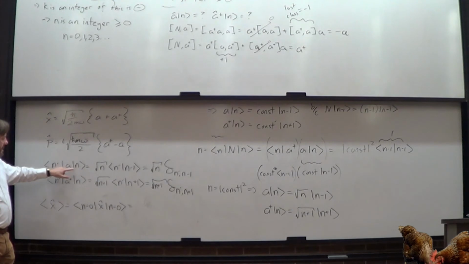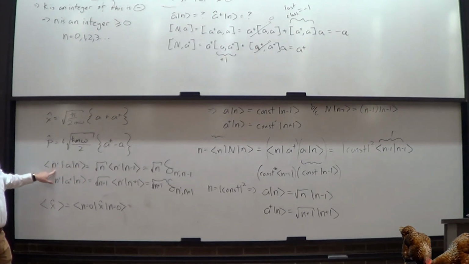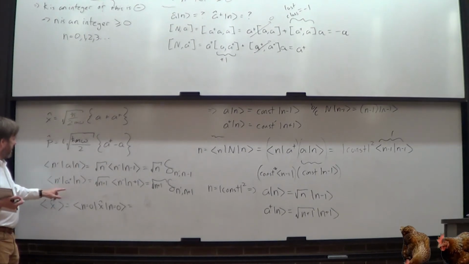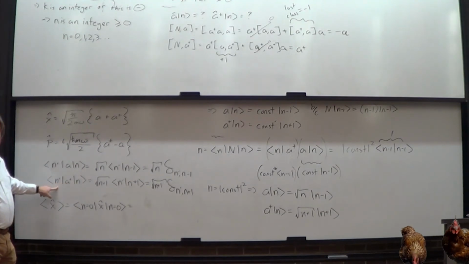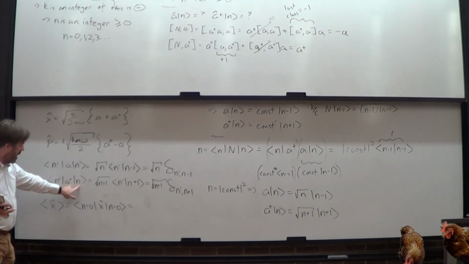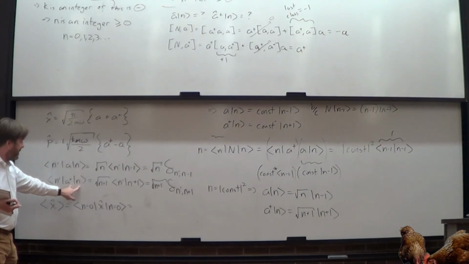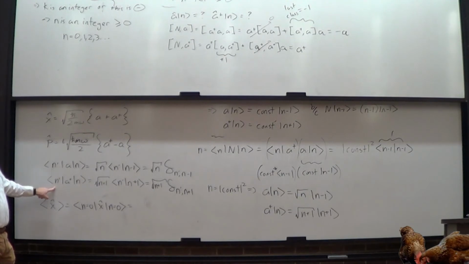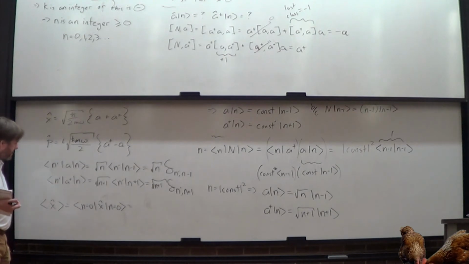If this is the first excited state, that's the ground state, because this takes the first excited state and makes it the ground state. Then I've got ground state with ground state, which is 1. Here, this is the ground state, and that's the first excited state, because the creation operator takes the ground state and turns it into the first excited state, and then I need the first excited state to get 1. Any state overlapping itself is 1.